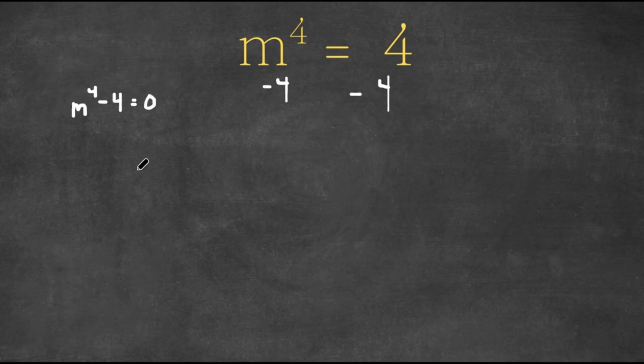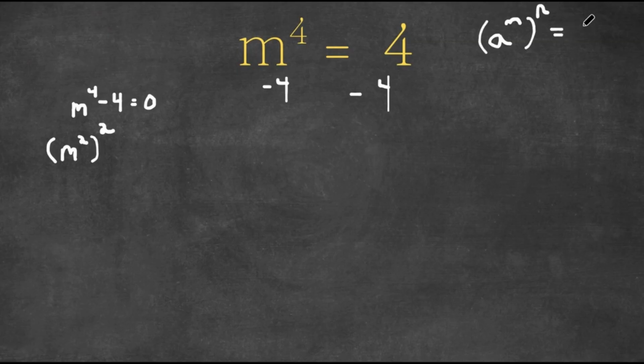Now what I'm going to do is change m to the power of 4 to m squared to the power of 2. Because remember, if we have something in the form a to the power of m to the power of n, this is equal to a to the power of m times n.